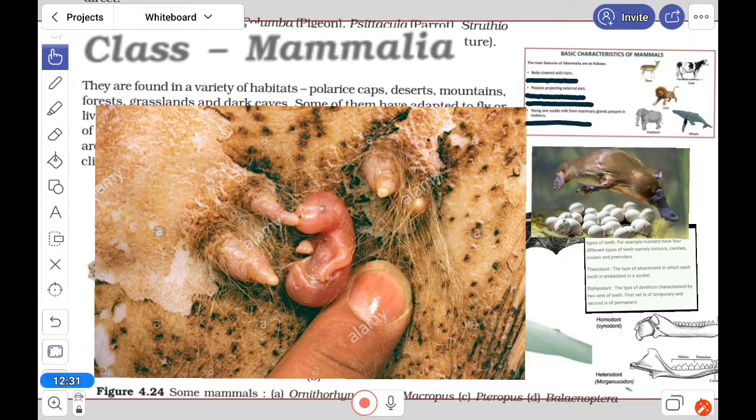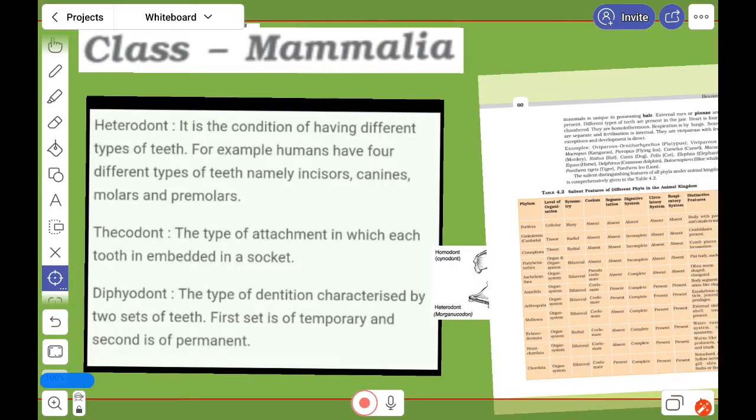Now another very important characteristic that I'm going to discuss is the dentition. Dentition means the teeth, the pattern of the teeth, which is quite peculiar and different from others. The dental variety in mammals that you have to notice is that they are heterodont.